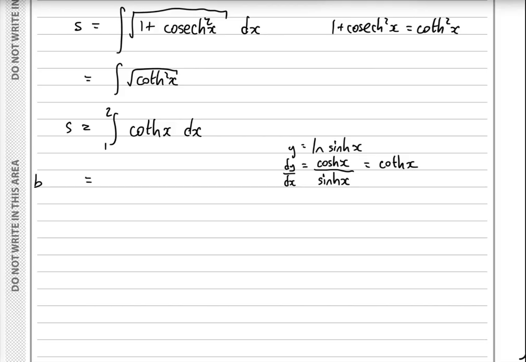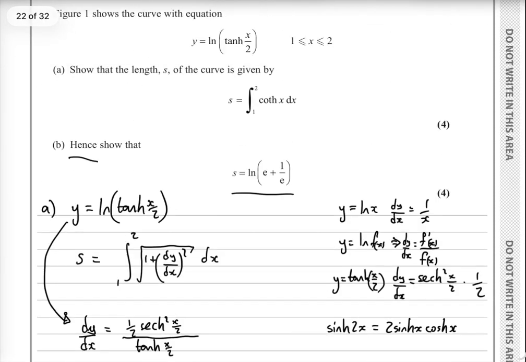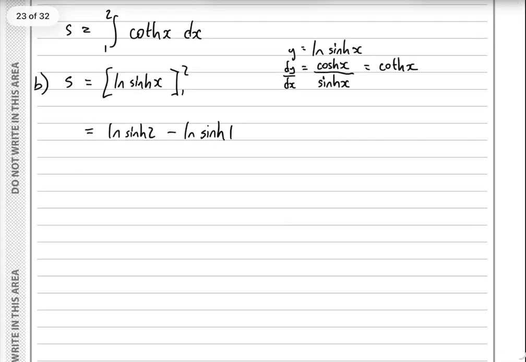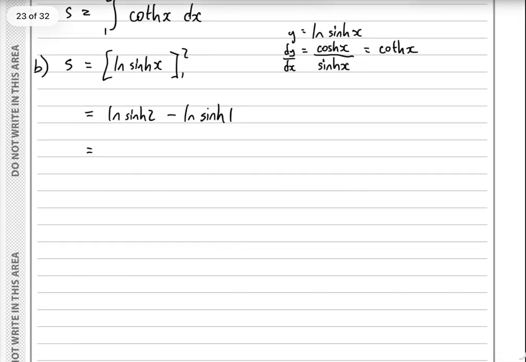Integrating this will give me log of sinh x from 1 to 2. Putting that in here, log of sinh 2 minus log sinh 1 is not how we needed it. We need e plus 1 over e. Okay, there's a bit of simplifying somewhere in here.